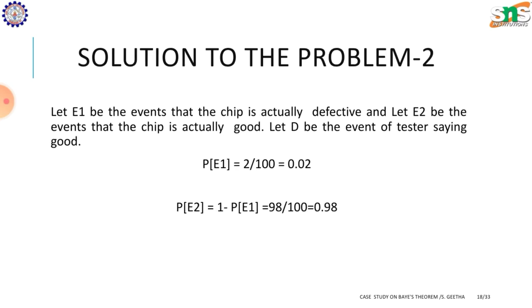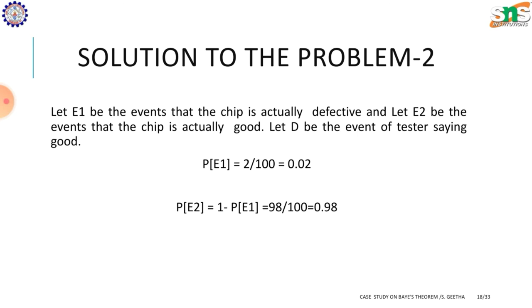Solution to the problem 2. Let E1 be the event that the chip is actually defective, and let E2 be the event that the chip is actually good. Let D be the event of tester saying good.